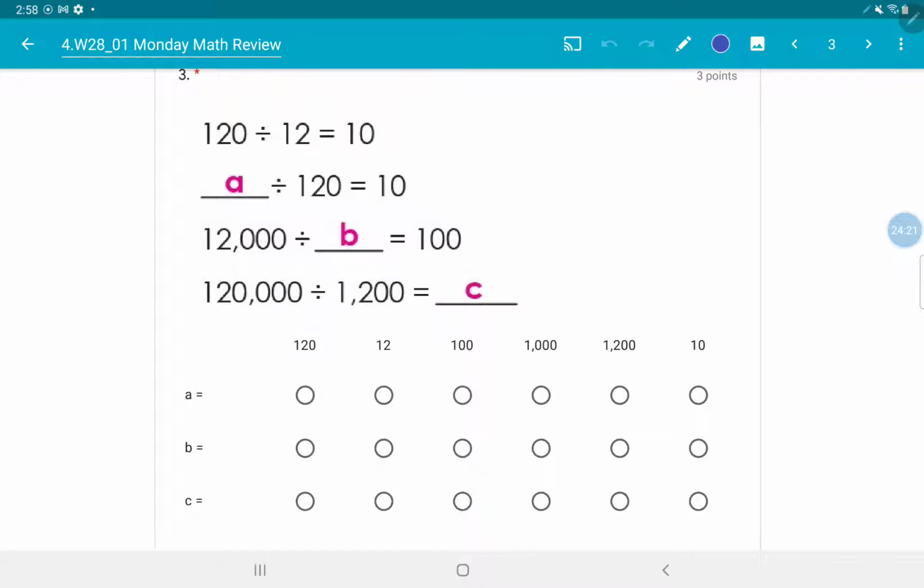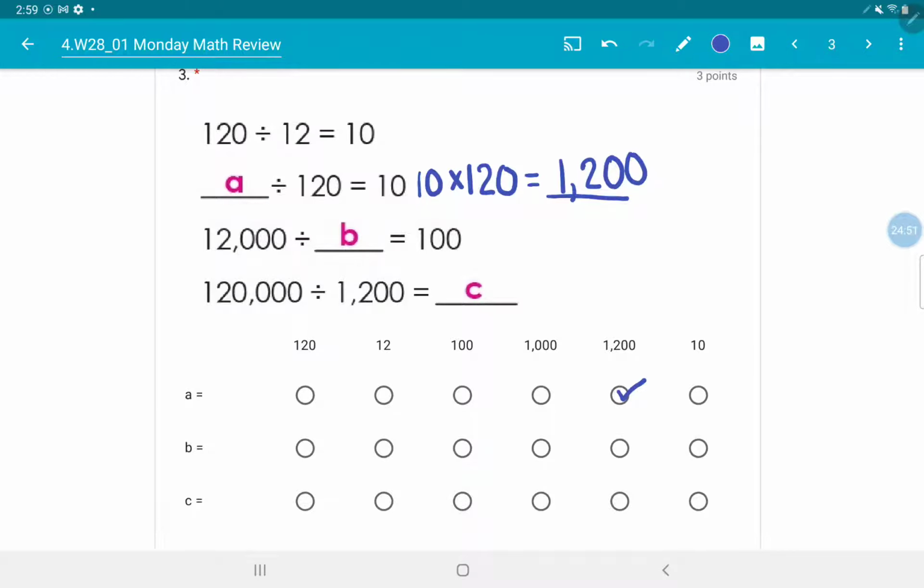So I'll say 10 times 120 equals A. All I've done is taken that same problem that I have as a division sentence and I'm making it into multiplication. What is 10 times 120? 1,200. So what does A equal? 1,200.